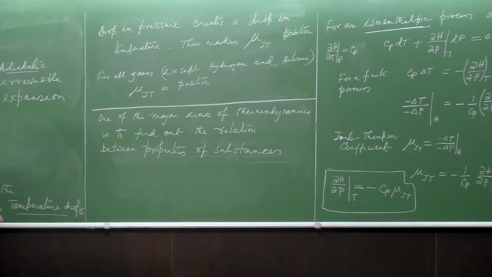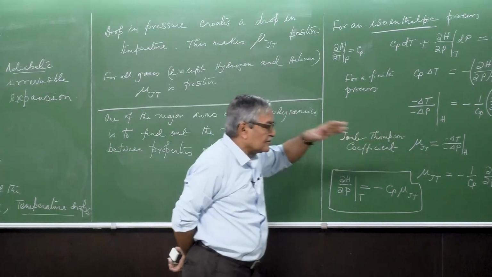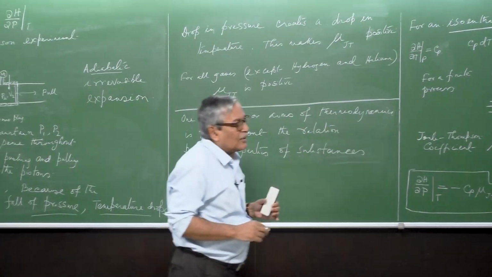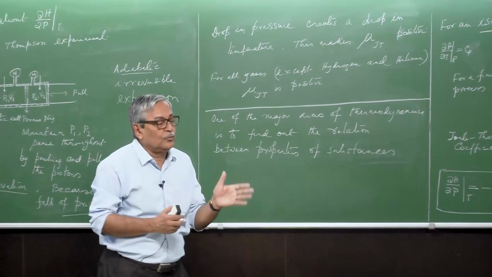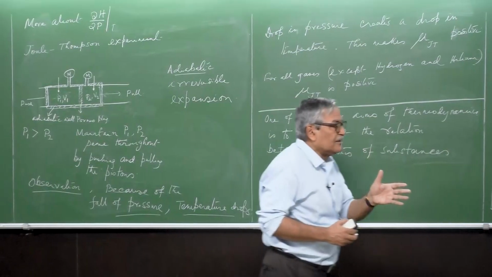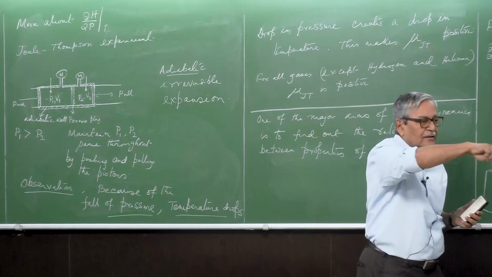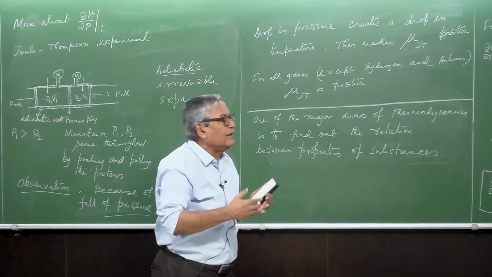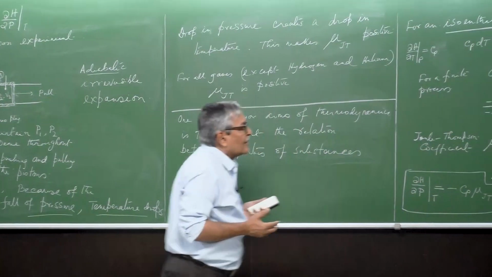This particular Joule-Thomson coefficient is very important for the technology of refrigeration, because when you release the gas from high pressure to low pressure, there is a drop in temperature, and if you recycle the gas again and again, there will be a continuous drop in temperature, and you can cool it as low as you like, above 0 kelvin.